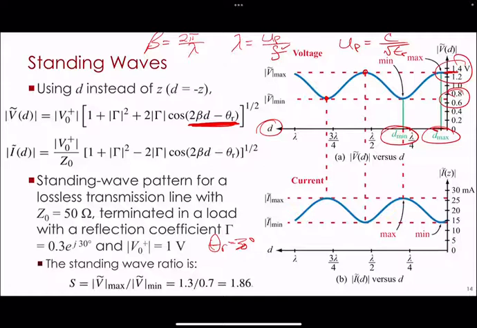What's that? Let's just think about a number. If you were just to plug in numbers, what would the total 2 beta d minus theta r be to make the cos of that a 1? 0, 2 pi, 4 pi, 6 pi, 8 pi, right? It repeats itself because cos starts out at 1 and then repeats itself every 2 pi.